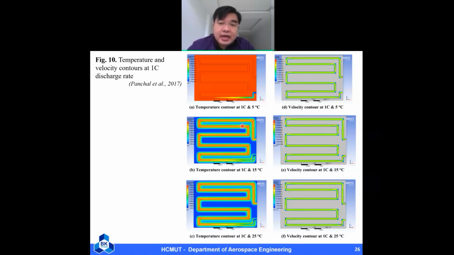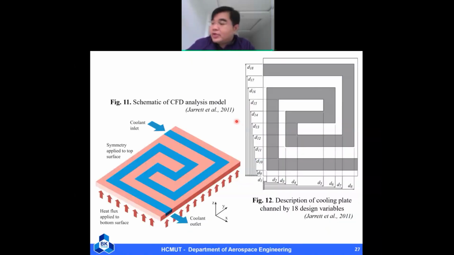Besides that, you can also use CFD for the process of optimization. For example, in this paper, they have the shape of the channel like this, and then they have some dimensions.